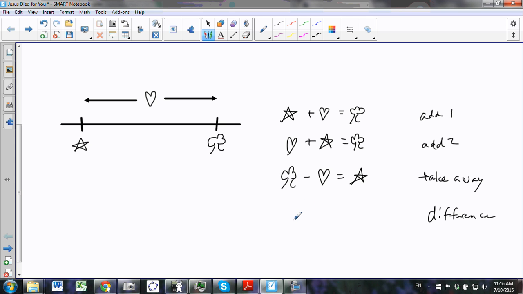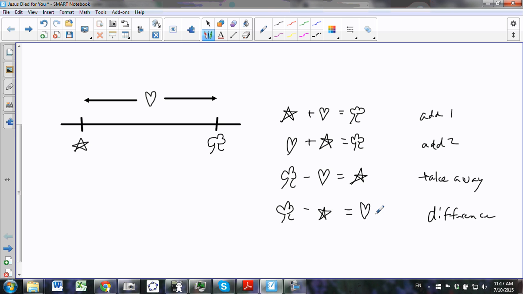From a difference perspective, we have the two numbers whose difference is illustrated. Heart is the difference of star and tree. So tree minus star.